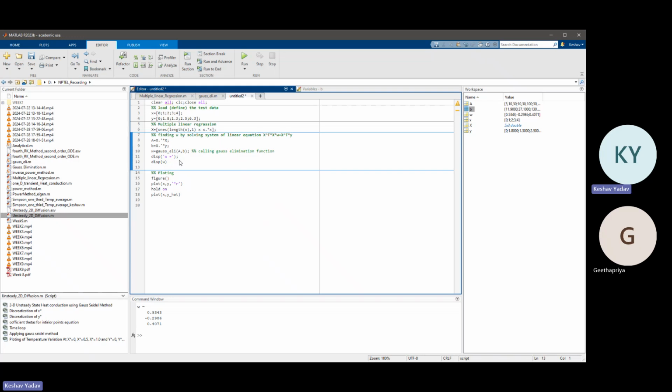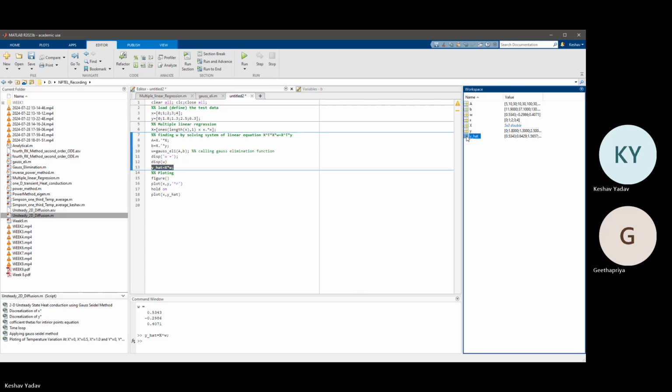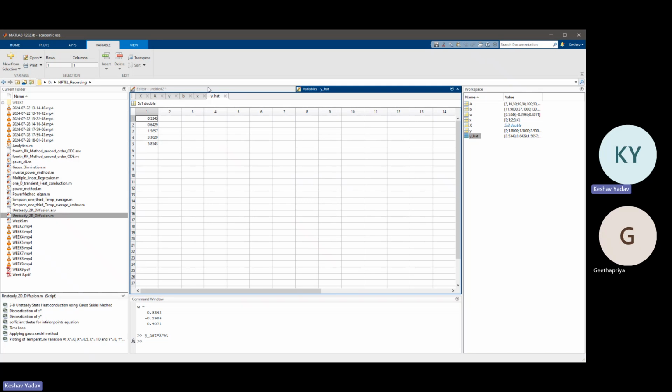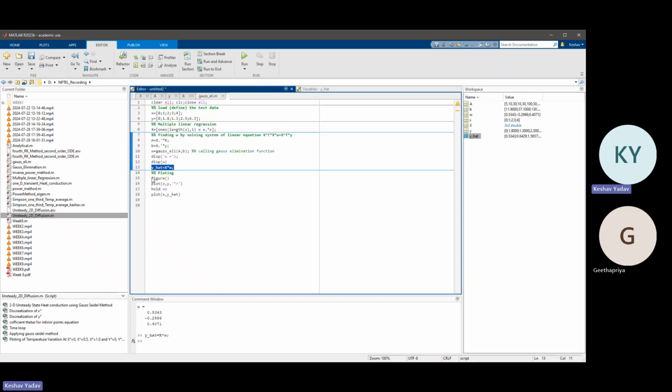Y hat will be what? X multiplied by W. After this, this is my y hat. Now I will do the plotting.